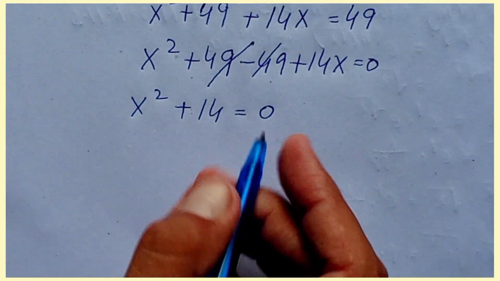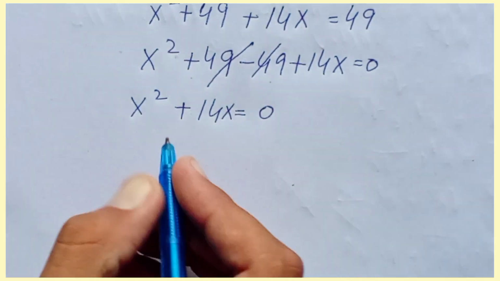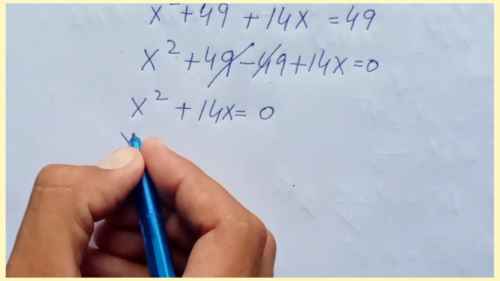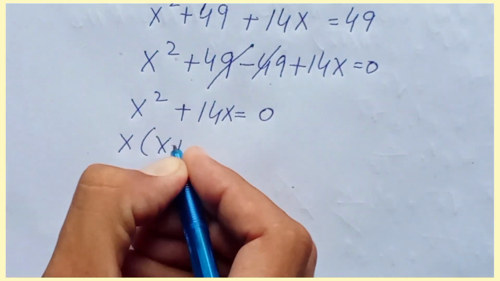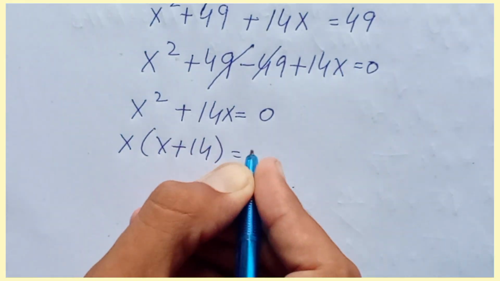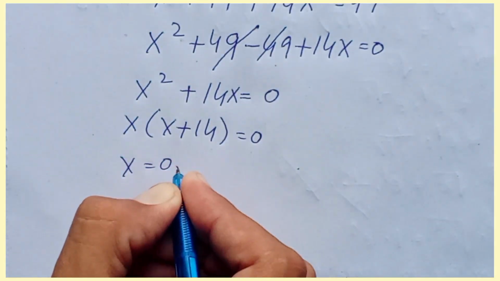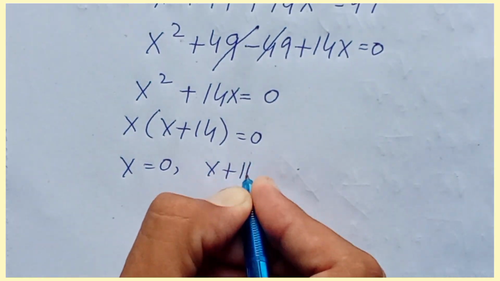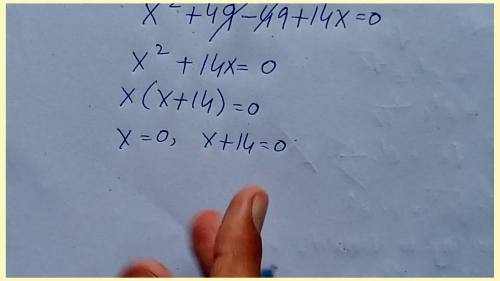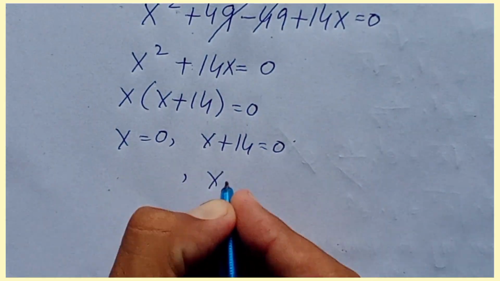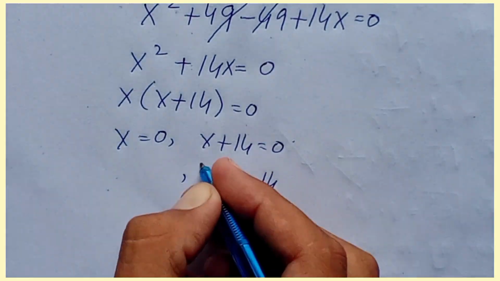Now guys, I can take x common from it. So x into (x plus 14) is equal to 0. Now x is equal to 0 and x plus 14 is equal to 0, so x is equal to minus 14.